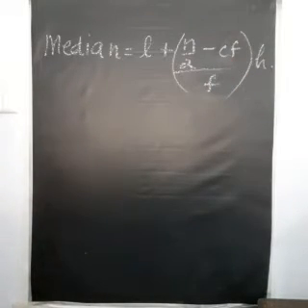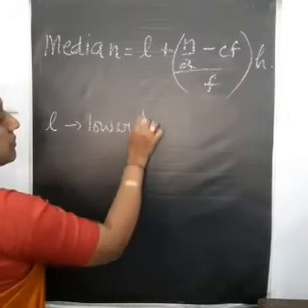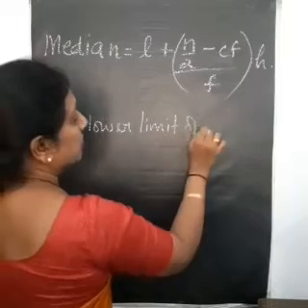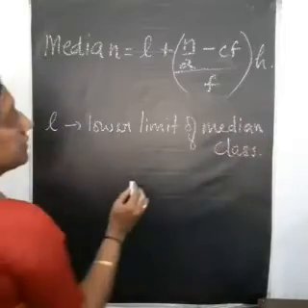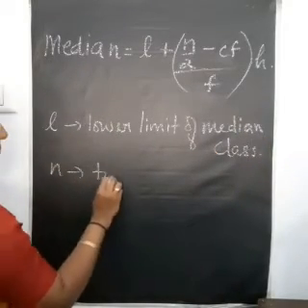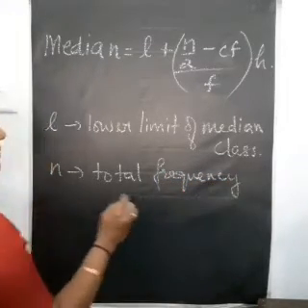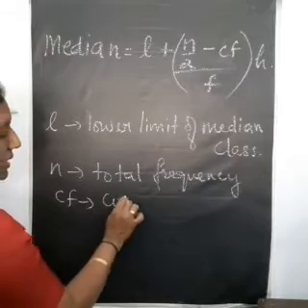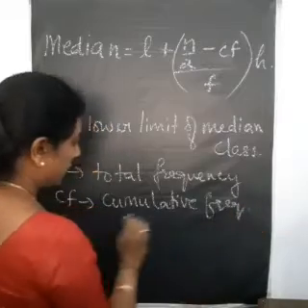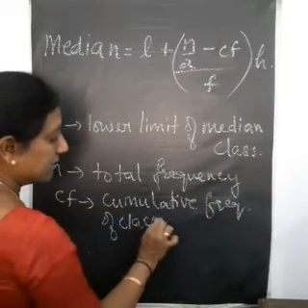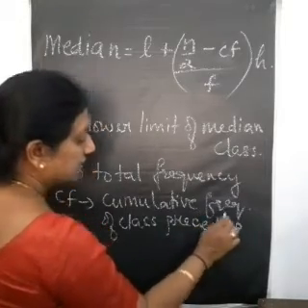Here L will be the lower limit of the median class, n will be the total frequency, and CF will be the cumulative frequency of the class preceding the median class.